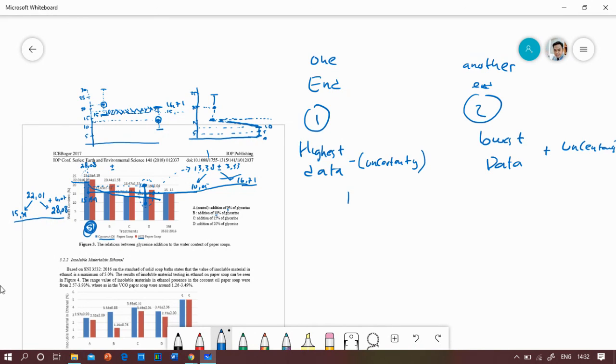If you find overlap, meaning this is supposed to be higher, yeah. For example, if the result in here is A, so highest minus uncertainty, and this is the highest, B. If, for example, B is less than A, then yeah, there is decreasing in there.